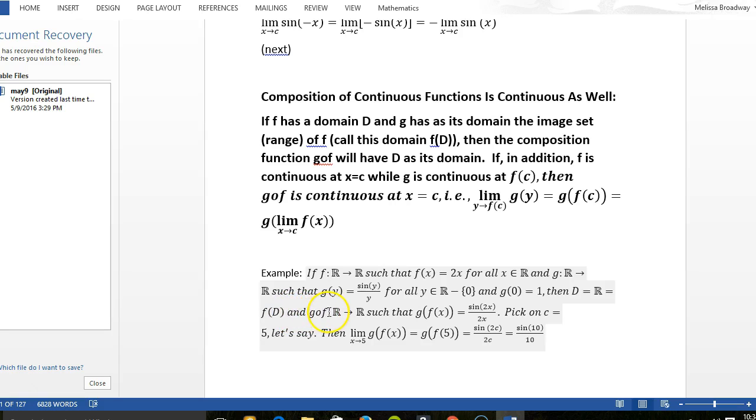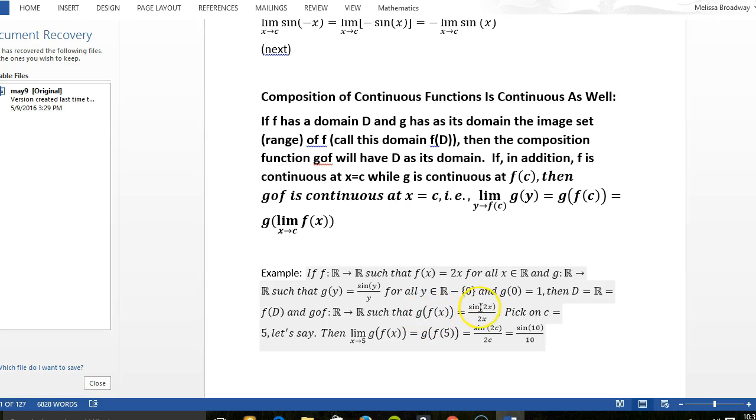And G compose F is going to be a function from R to R, such that G of f of x, that's G compose F right there, guys. So G of f of x equals, now the sine of 2x over 2x, remember, if I compose functions G of f, instead of G of y, we're doing G of f.